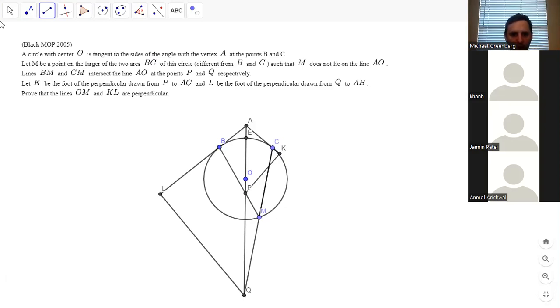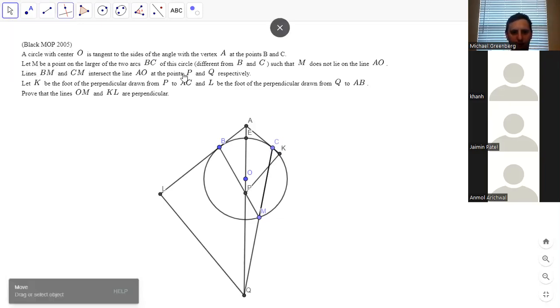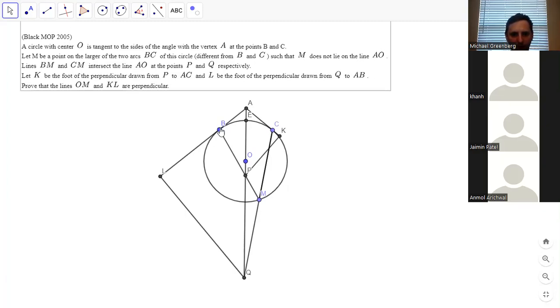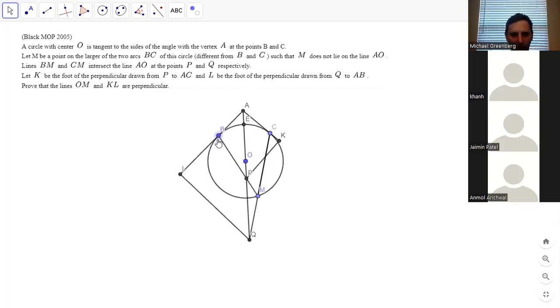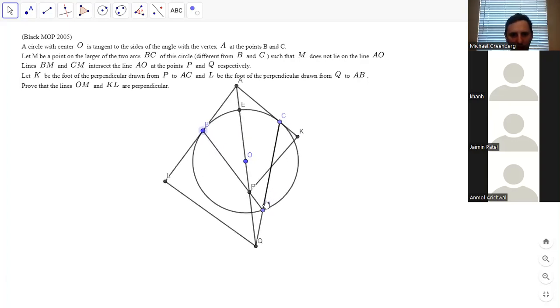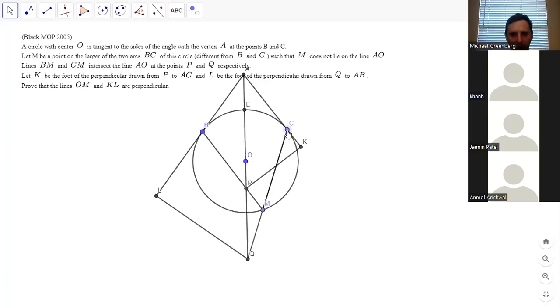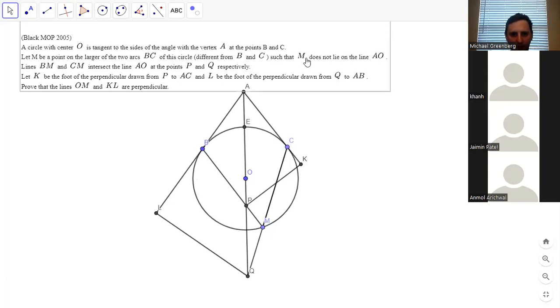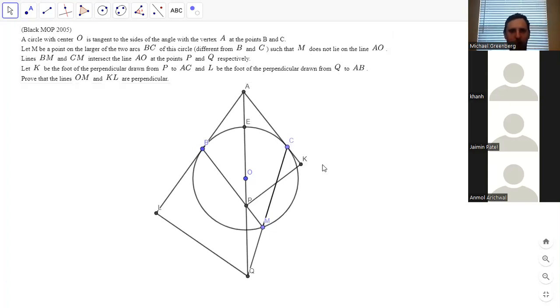We want to show OM and KL are perpendicular. Yeah, that looks good. Maybe something more like this. Yeah, I like that. So PK is perpendicular and QL is perpendicular.